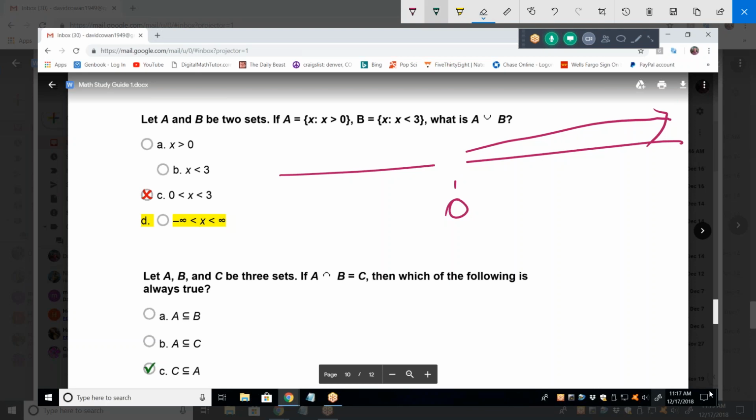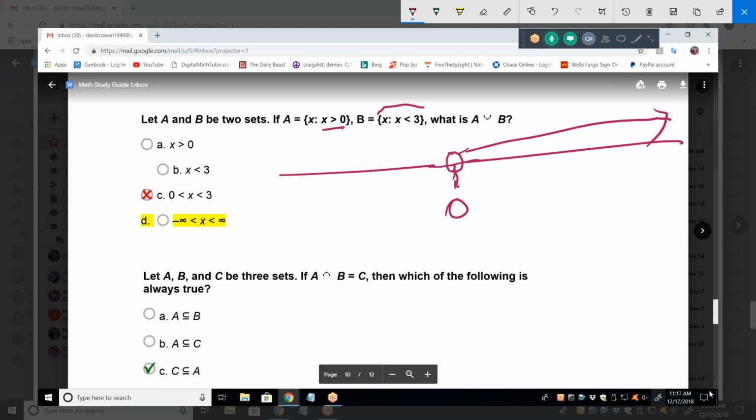Know the difference between an open circle and a closed circle? The closed circle is right on that point, and the open would be everything except for that point. And it says x has to be greater than 0. So 0 is not in that set, but every other positive number is.